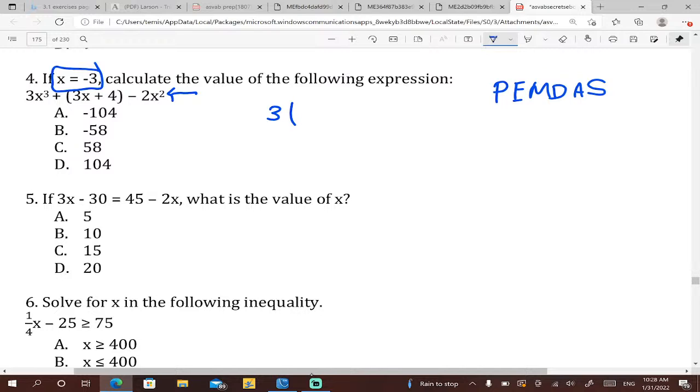So I'm putting the -3 in parentheses, and that's raised to the third power, plus 3 times parenthesis -3 plus 4, close that up, minus 2, substitute in the -3, and raise it to the second power. Now, if you have a number smashed up next to a parenthesis, then that just simply means that you need to multiply.